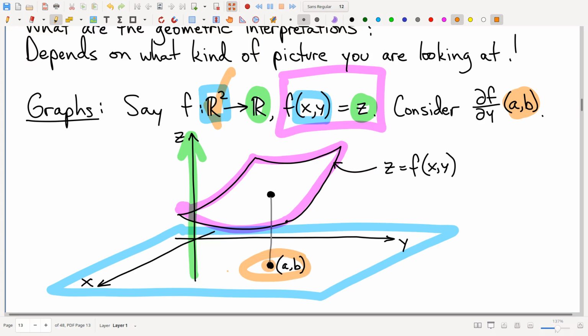And so when I say I want to compute the partial of f with respect to y, specifically I want to know what is that partial at this point (a, b) in the domain. Okay, is everybody with me in the setup here? Haven't really answered the question yet. We're just kind of setting up the question. Right, okay, cool.